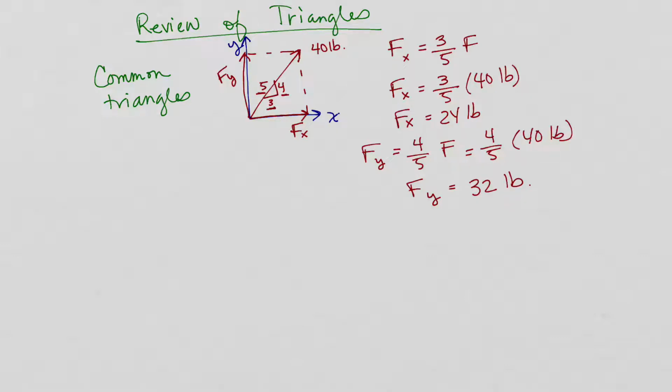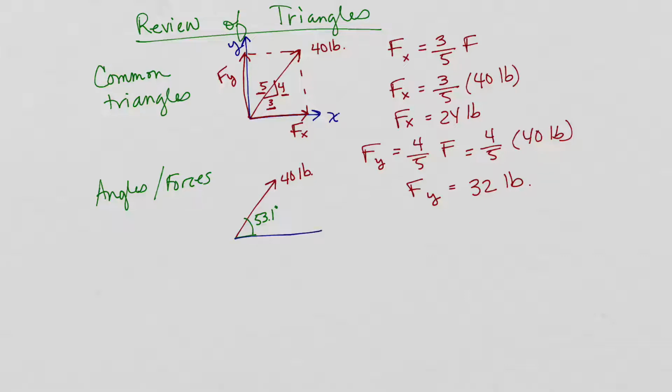The other way that they'll represent triangles is just with angles. So this isn't really a special method. So just angles and forces. If we had that same force, so it's 40 pounds, instead of them giving us the common triangle, they could just tell us that that angle is 53.1 degrees.